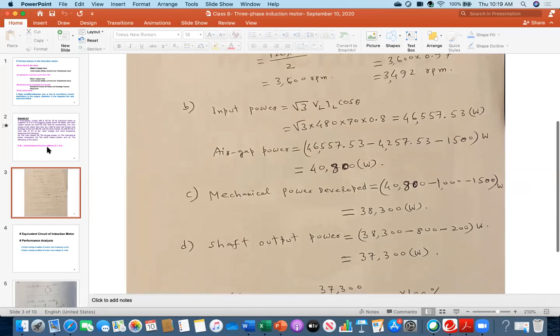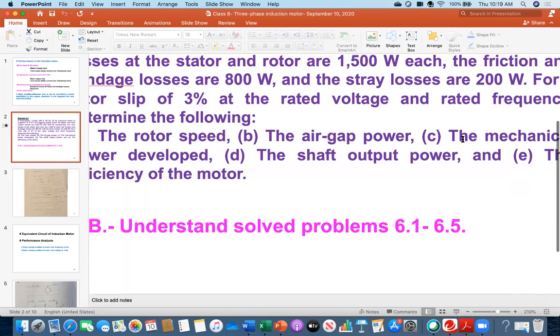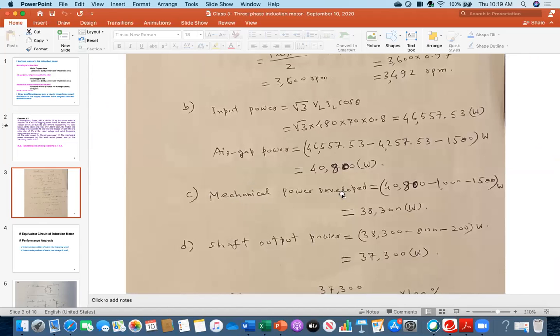Then the third question was to find out the mechanical power developed. So I am doing mechanical power developed. Now this is my rotor power, the air gap power, meaning the input to the rotor. That power minus this number is the rotor copper loss, minus again this number is the rotor core loss.